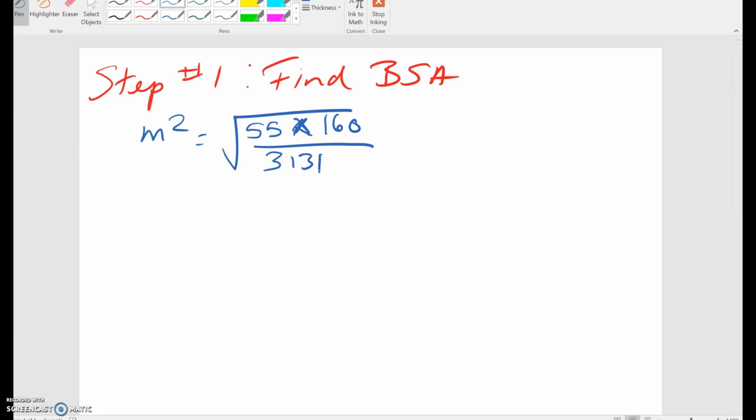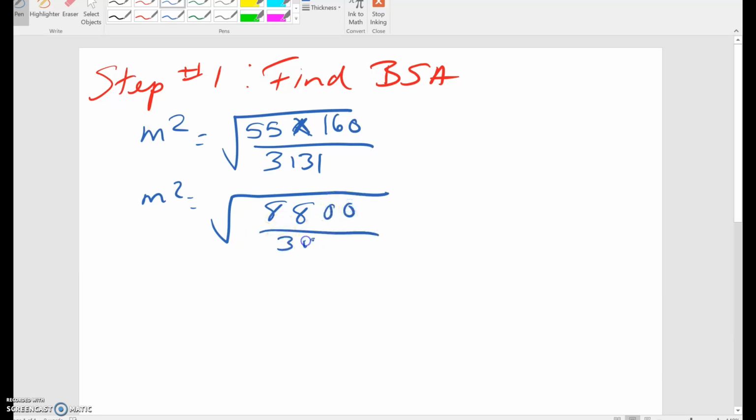So if you take 55 times 160, I'm going to do this step by step. Let's just make sure that my calculations are correct. 55 times 160, you get 8,800 divided by 3131.